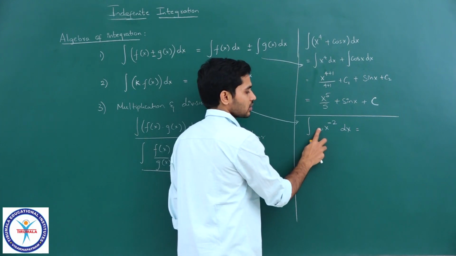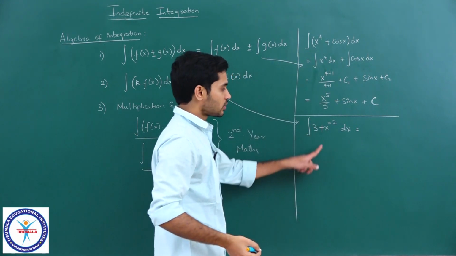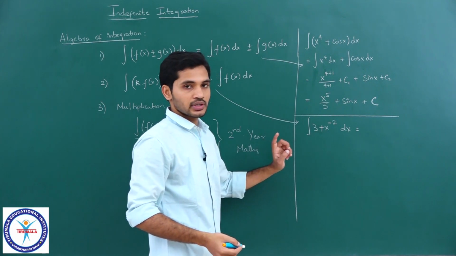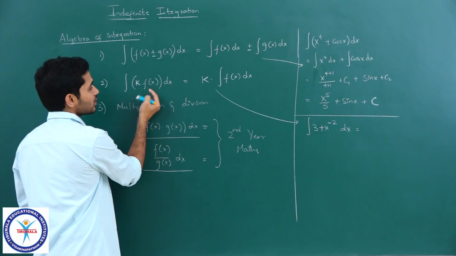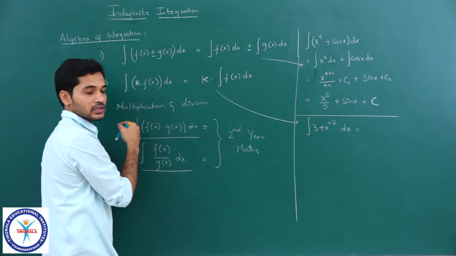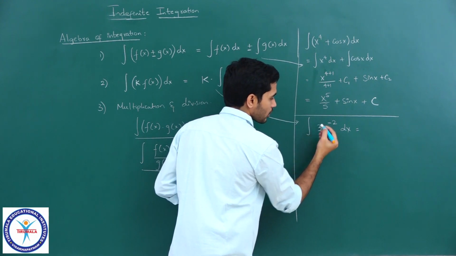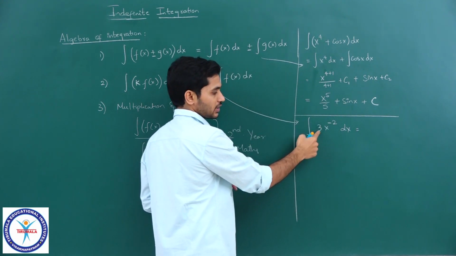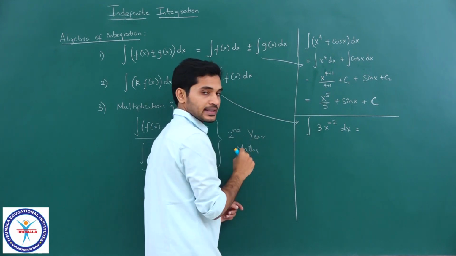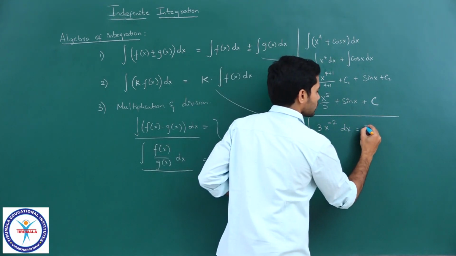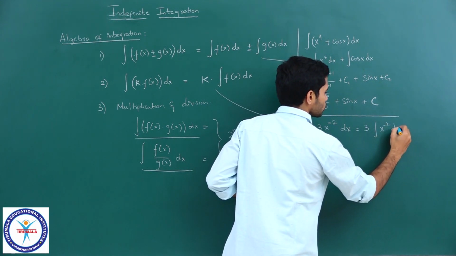So do not say that if it is 3 plus x power minus 2, 3 is a constant, I will bring this outside. That is not how you should do, please keep in mind. So the constant should be in multiplication with f of x, clear. So if I have 3 into x power minus 2, then I can bring 3 outside the integral, clear. 3 into integral of x power minus 2 dx.